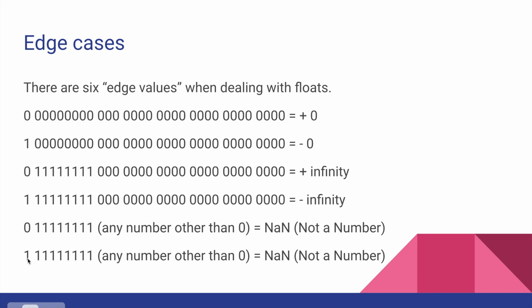The other value, 1 with lots of 1s, so that's negative infinity, and any number other than 0 is again less than minus infinity, so that is not a number. These two are declared and defined by the standard as being not numbers. There are 2 zero cases once again, positive 0 and negative 0. And then plus and minus infinity.